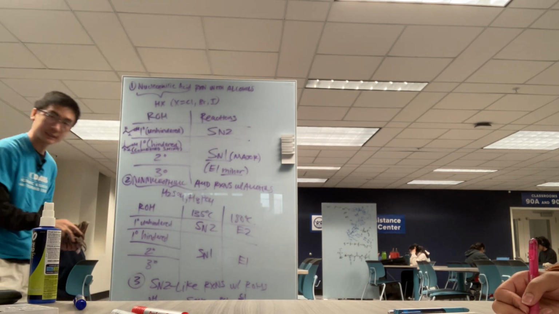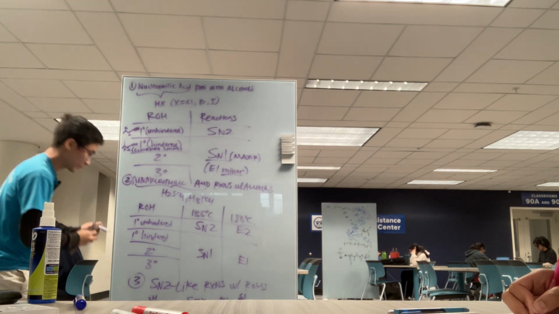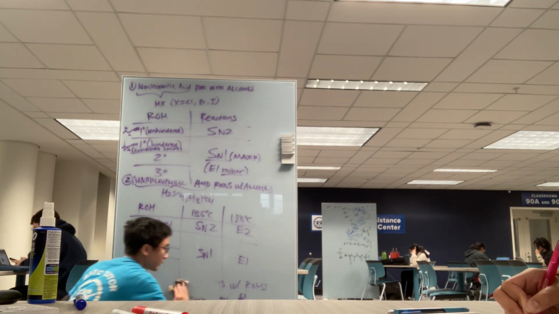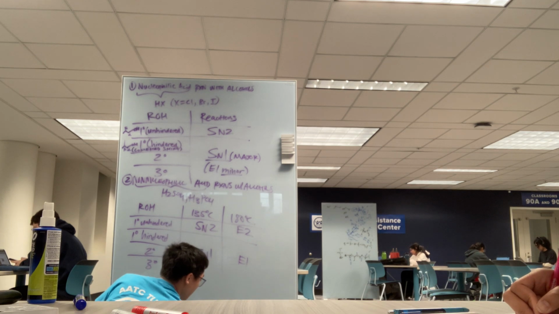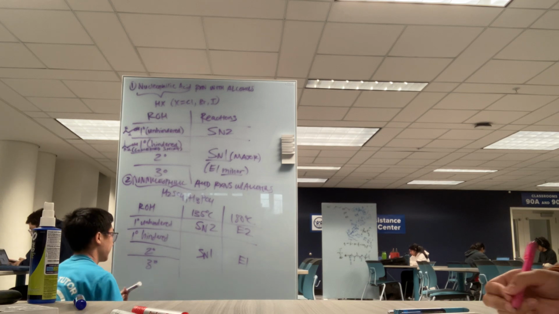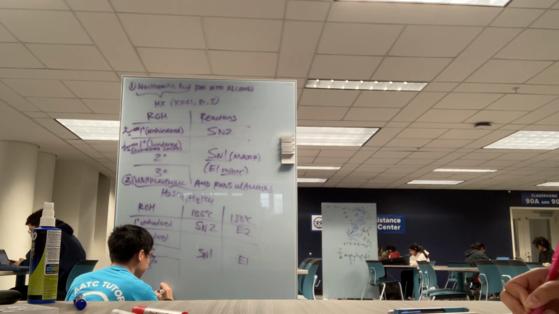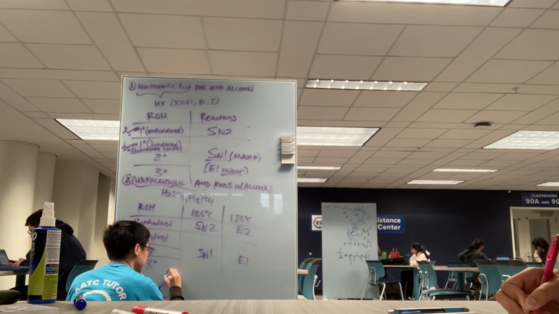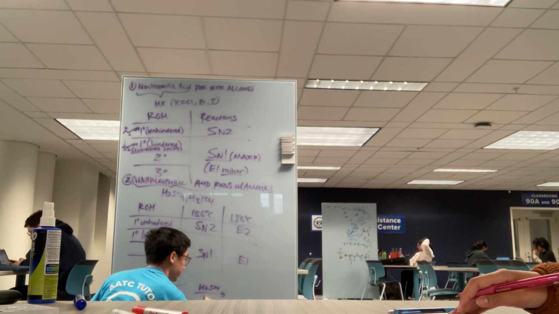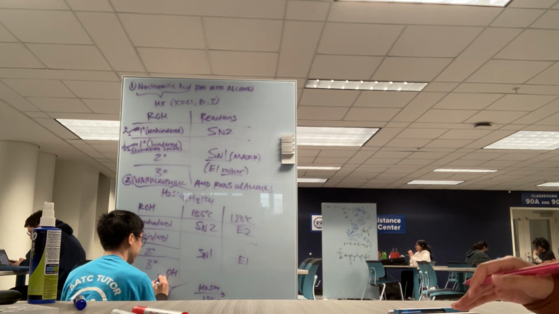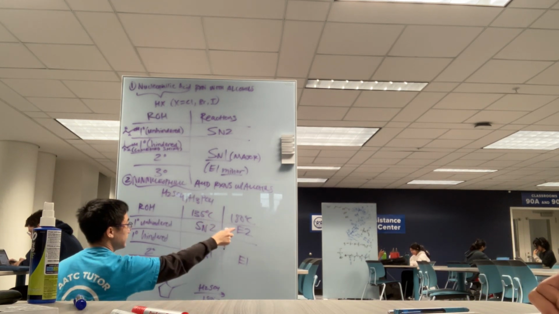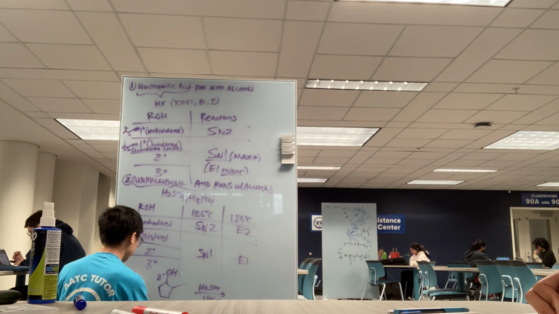Okay, let me do it down here. So if we have this alcohol and we react it with H2SO4, 180 degrees Celsius. This is a secondary alcohol. We have 180 degrees Celsius with a non-nucleophilic acid. So that's going to be E1.